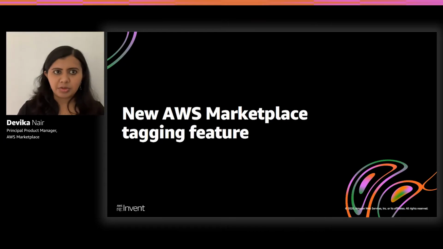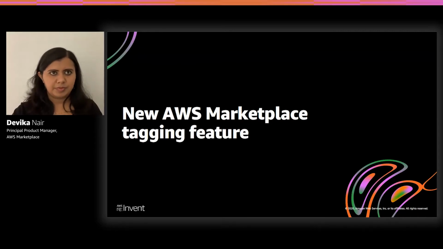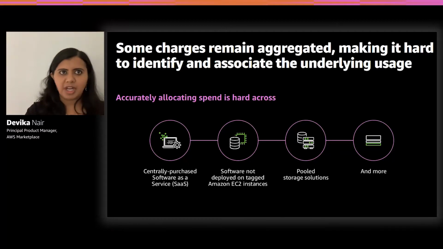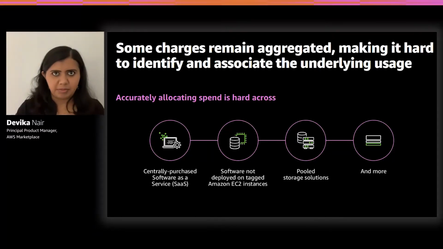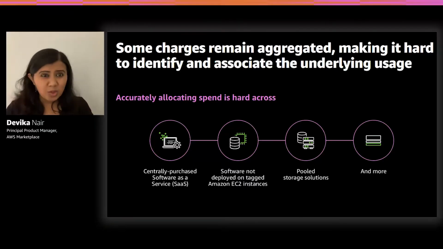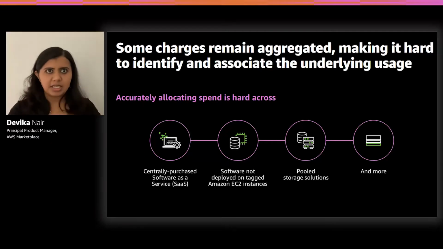Next, I want to talk to you about a new Marketplace feature that we are launching this year. We spoke about analyzing your spend by product, vendor, and even tags and how that can be useful. But what about your software as a service spend? Or what happens when you have pooled storage solutions or you purchase in a central account?